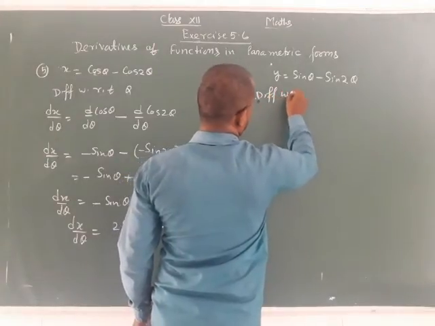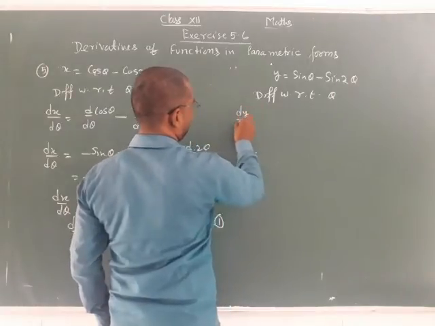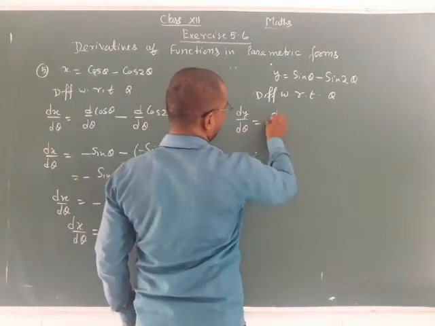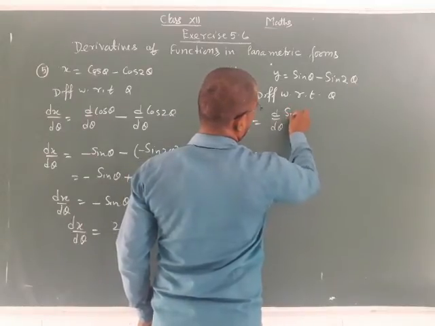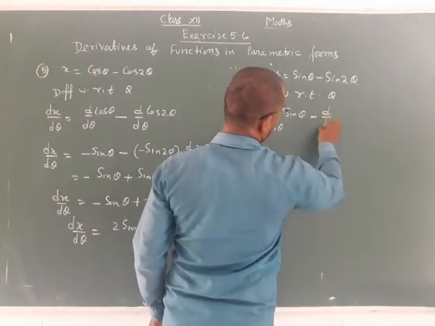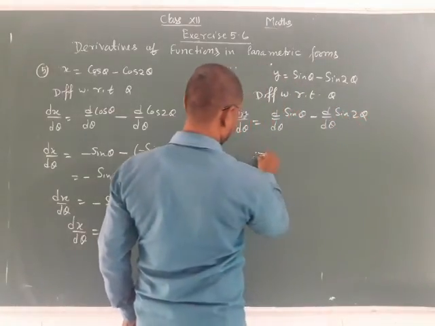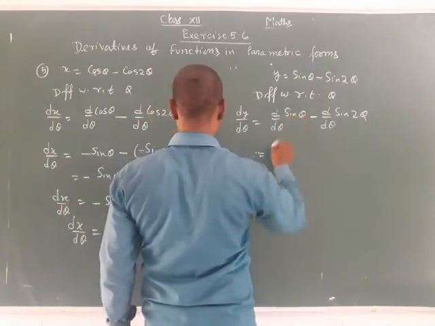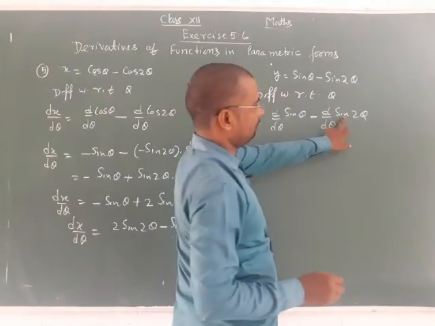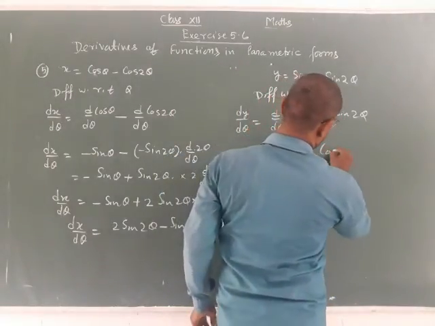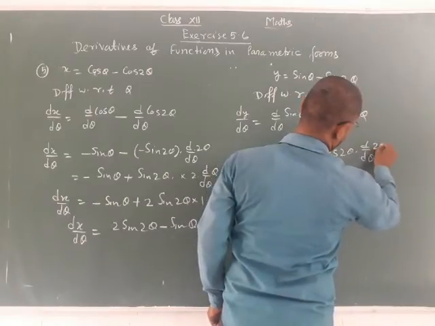And differentiate with respect to theta. Now again dy upon d theta is equal to d upon d theta of sin theta minus d upon d theta of sin 2 theta. So now the derivative of sin theta is cos theta, and derivative of sin 2 theta is cos 2 theta, and d upon d theta of 2 theta.